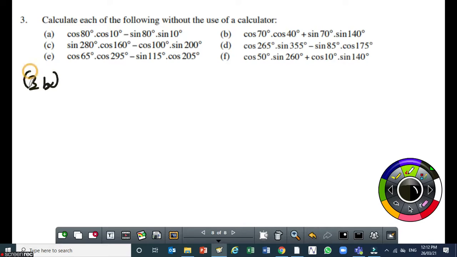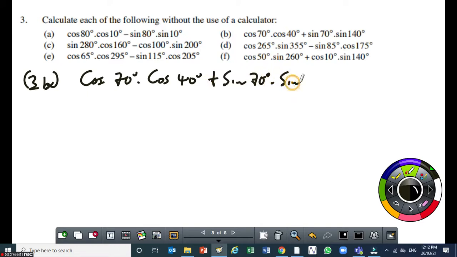So 3B, the question says calculate each of the following, no calculator required. So we have cosine of 70 degrees times cos of 40 degrees plus sine 70 degrees times sine 140 degrees.